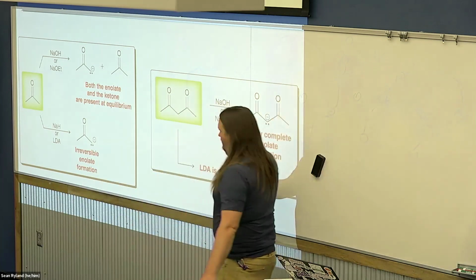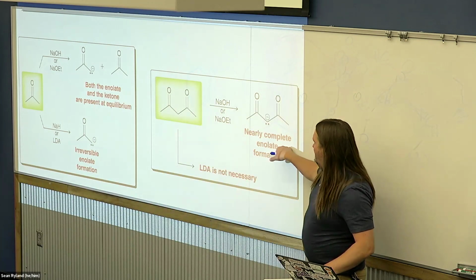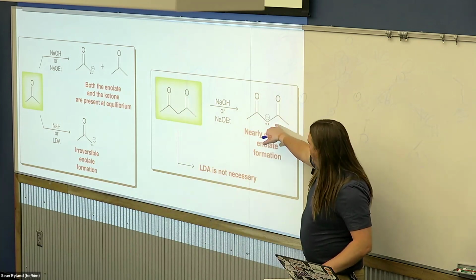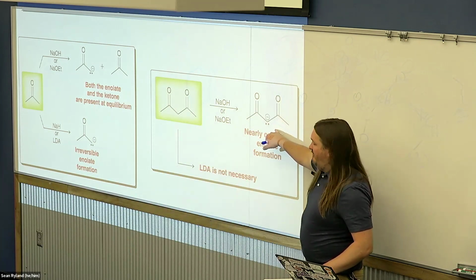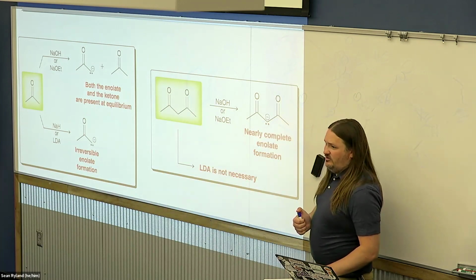So LDA or sodium hydride is not even necessary to make it irreversible, because at equilibrium, we favor the enolate form, because it's got two resonance structures to stabilize it.